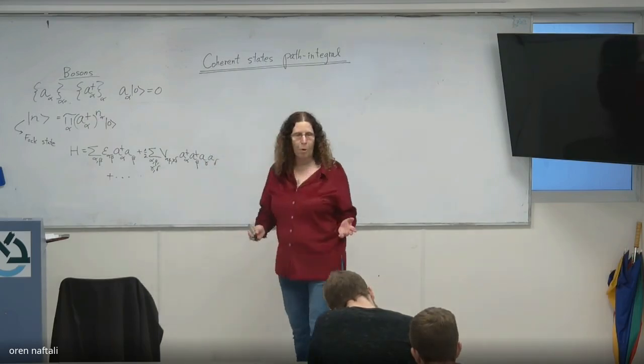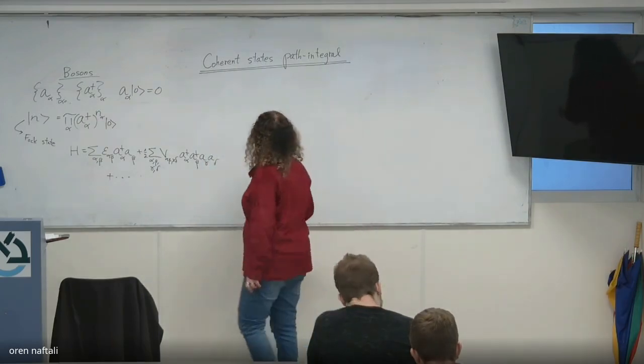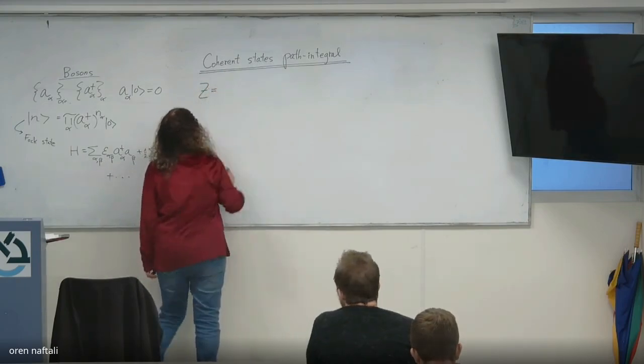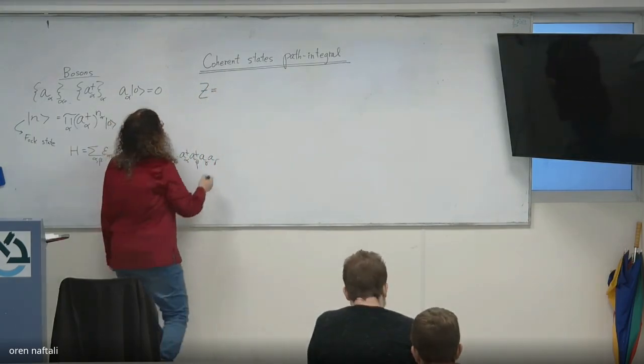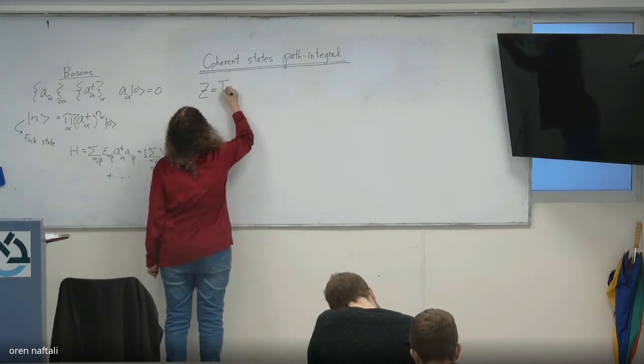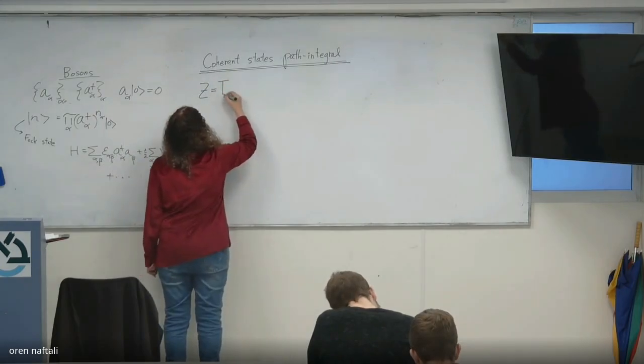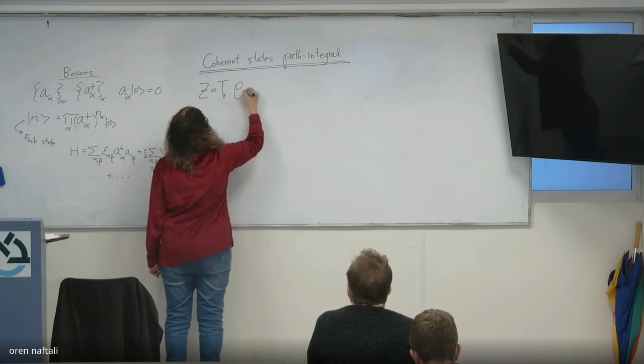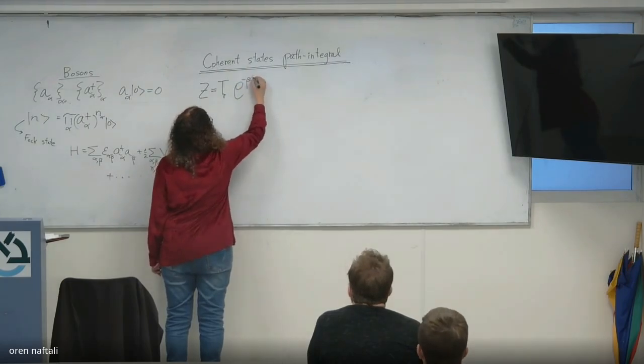Now, what is the problem that we want to solve? We want to compute a partition function where the partition function is defined as a trace over all quantum states of e to the minus beta.